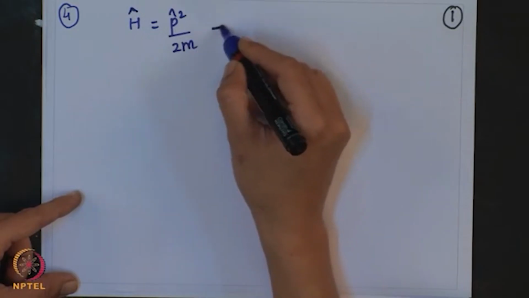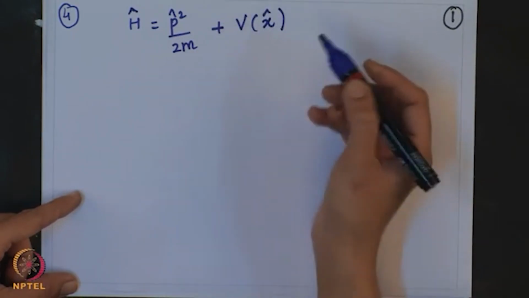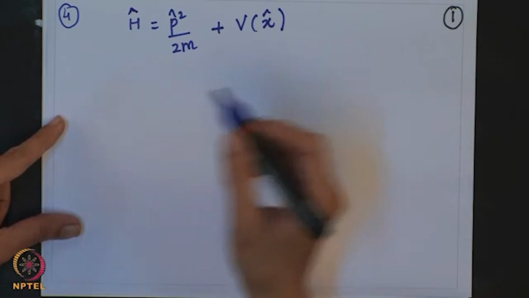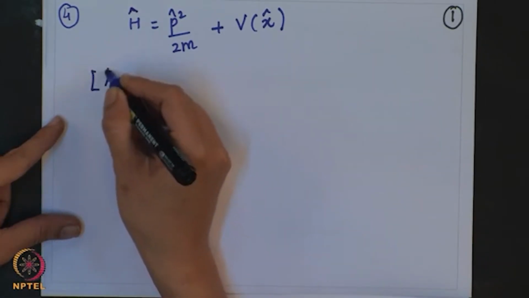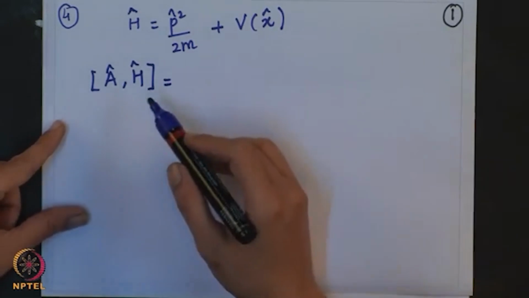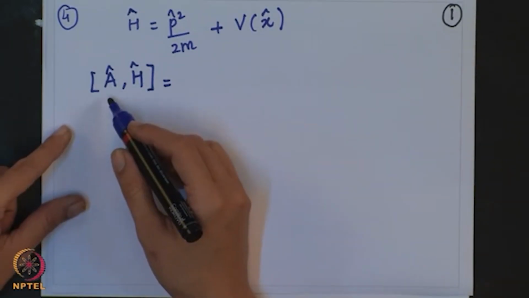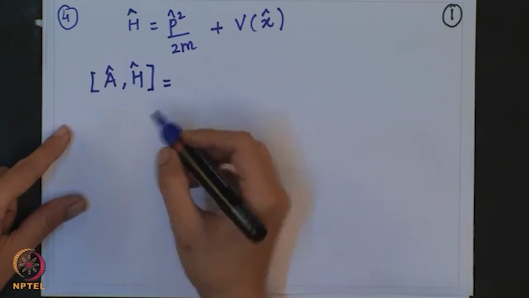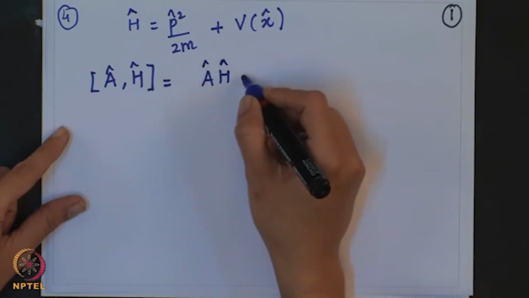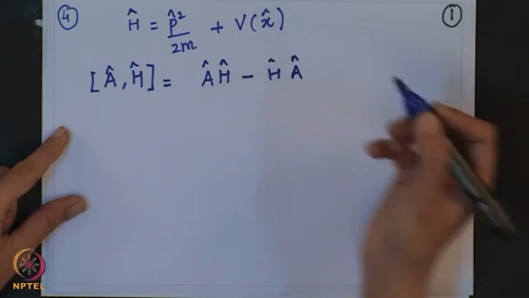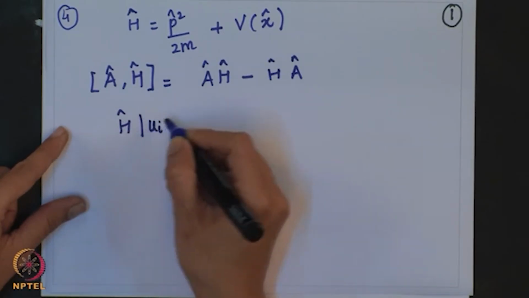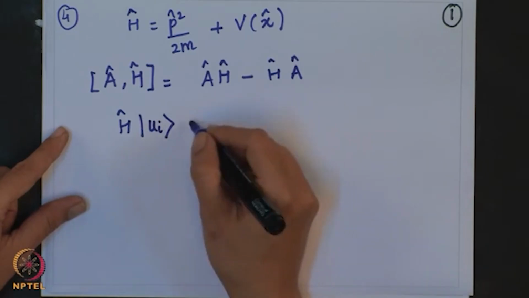V depends on the position space, and you have to obtain the commutator of an arbitrary operator A and H. So, let us get started with this. This would be nothing but AH minus HA.